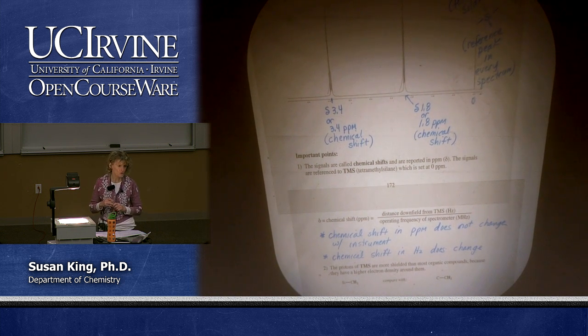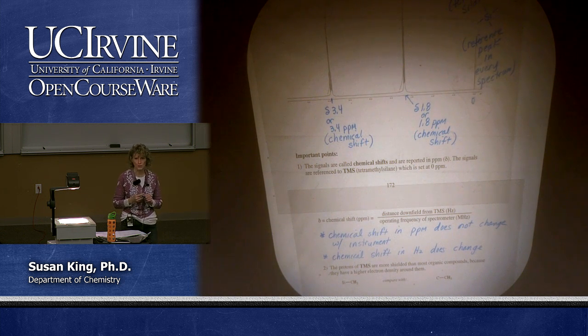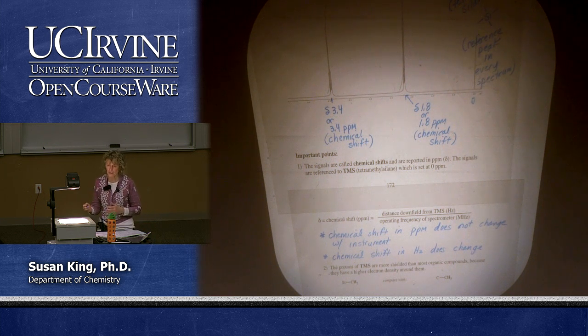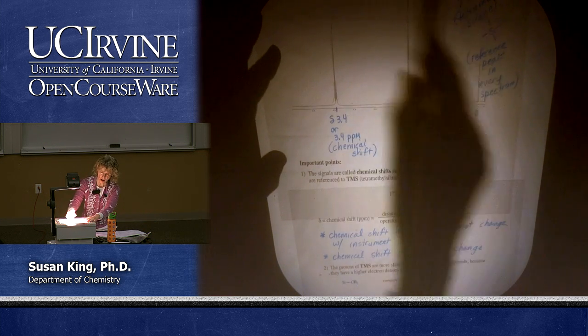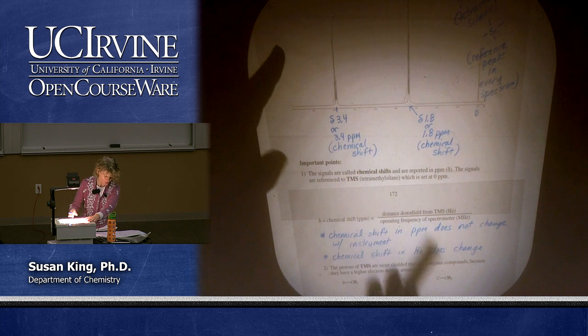When I say with the instrument, there are different magnets. There's the common ones, 60 megahertz. For the very low level instruments, there's 300 megahertz. You'll even see 200 megahertz, 400 megahertz, 500, 700, 800. And this particular NMR was taken on a 500 megahertz instrument.